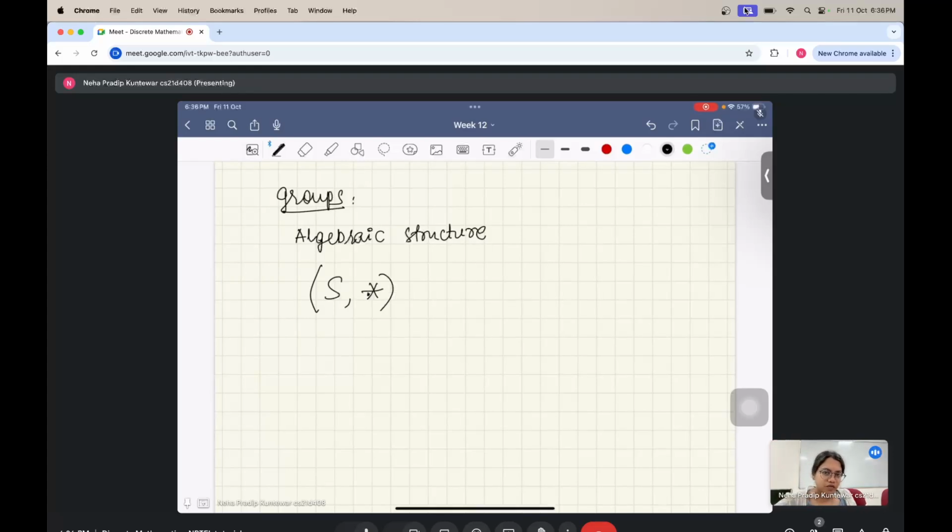I'm not defining it for now, but the operation takes two elements from the set S and applies it. So for all A, B in S, you can define this operation. This is the operator, and this is the set S. And the set need not be finite, the set could be infinite, it does not matter.